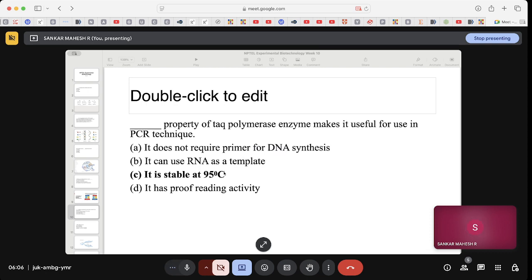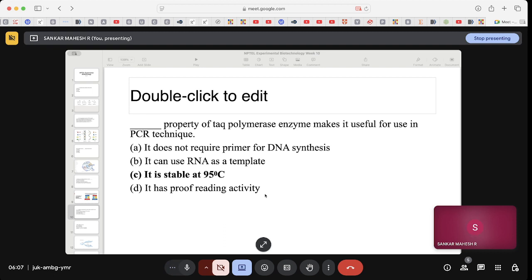And proofreading activity, yeah. So this proofreading activity is usually conferred by enzymes with multiple domains or multiple chains. So what is observed is once the chain is elongated, the other chain or the other subunit in the enzyme will go back and it will check whether there is enough fidelity.